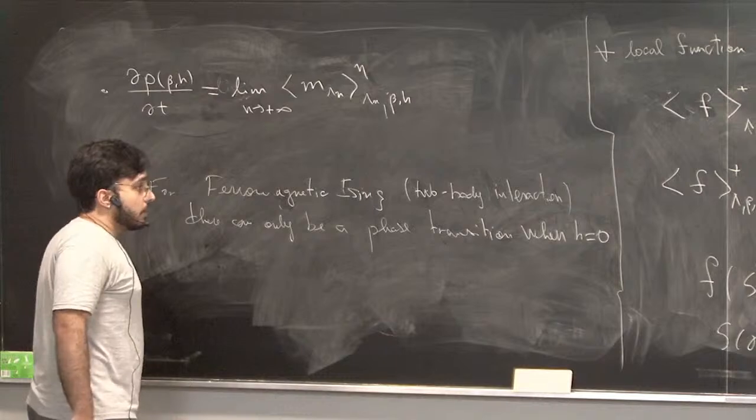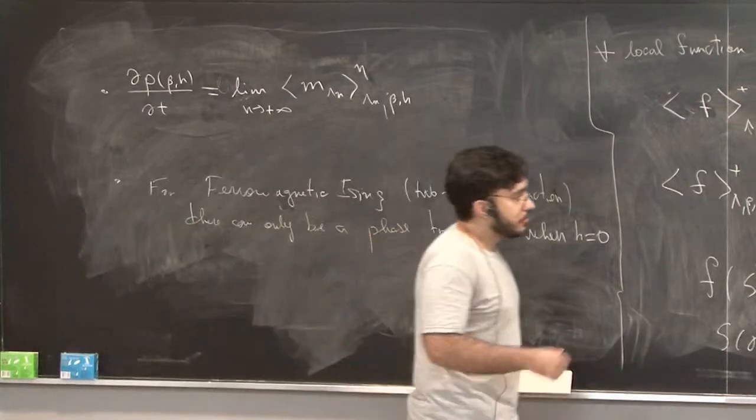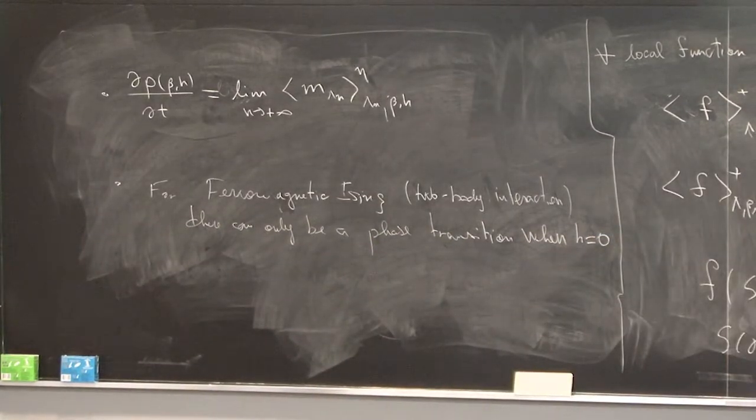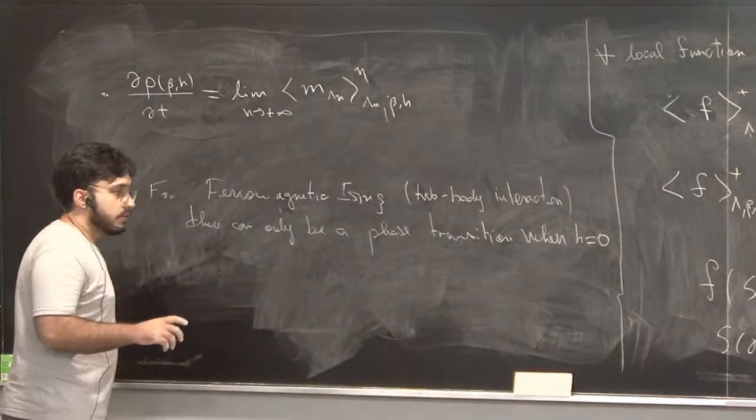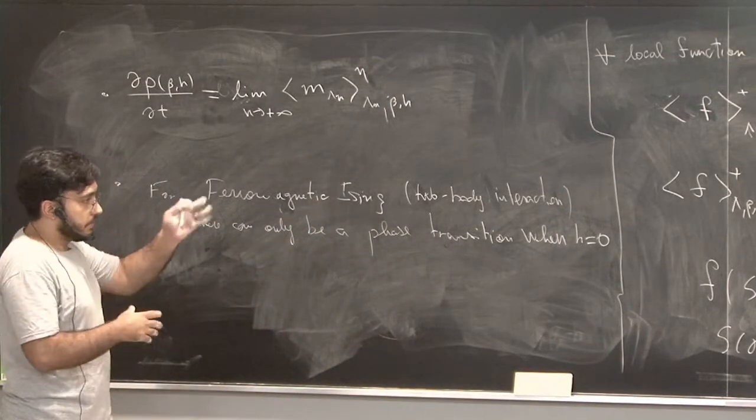And another interesting thing to notice is the following. I just showed you that the first derivative exists outside the region of h equals 0. That doesn't mean that all the derivatives in the limit exist.